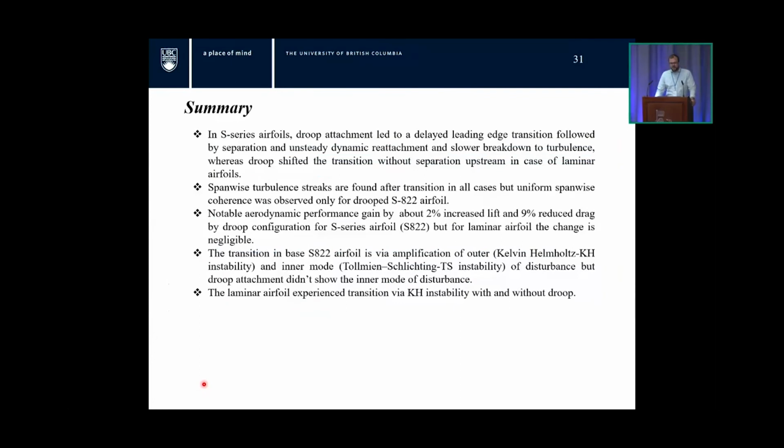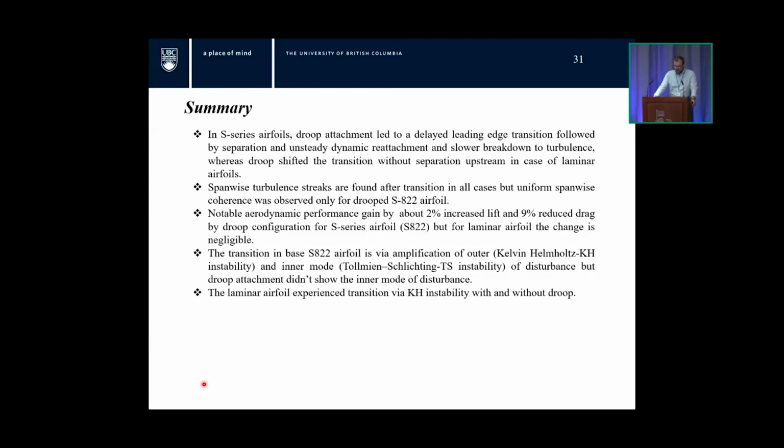So to summarize, in our S-series airfoils, attaching a droop significantly augmented the aerodynamic performance by delaying the leading edge transition, delaying and removing the leading edge separation and the unsteady dynamic reattachment, so that the breakdown to turbulence is delayed and the growth of three-dimensional vortical structures in the turbulent flow is also delayed.